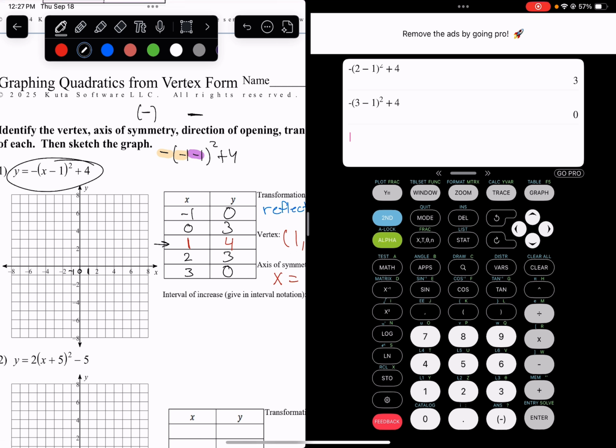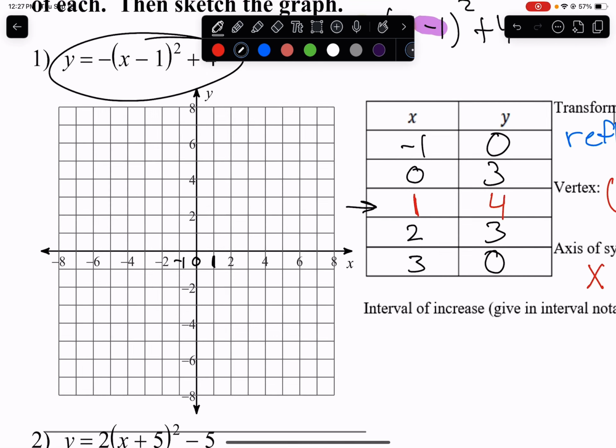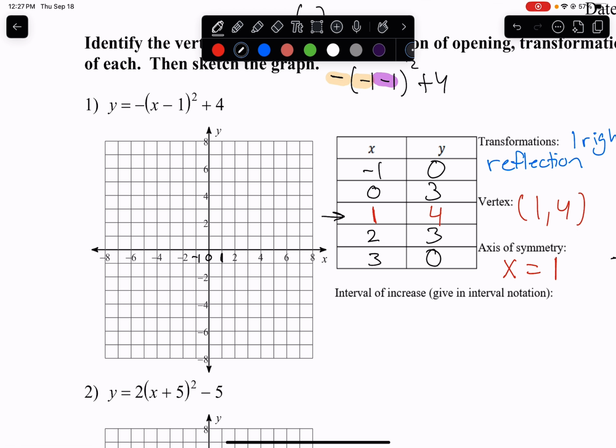All right, so now I've got 5 points to plot. This first one, -1, comma 0, is going to be right here. 0, 3 is going to be right here.